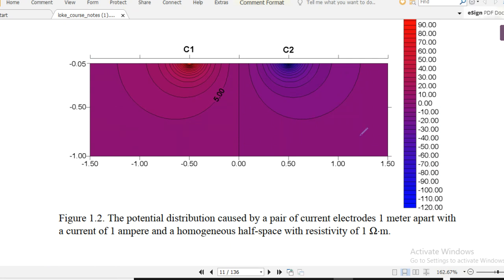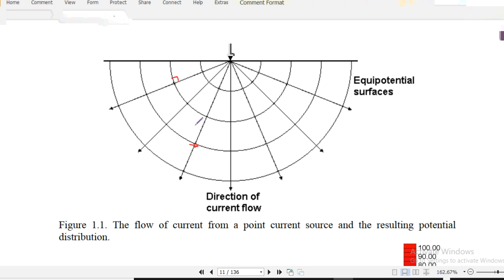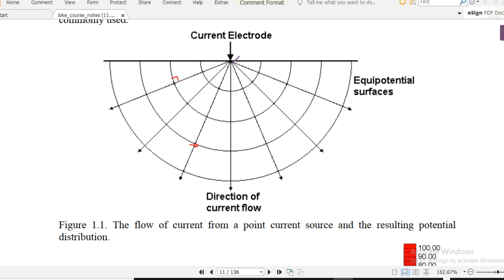Now this section is plotted using, with only a single electrode, the current flowing radially outward from the electrode, and the potential is not disturbed. It is hemispherical and perpendicular to the current flow.